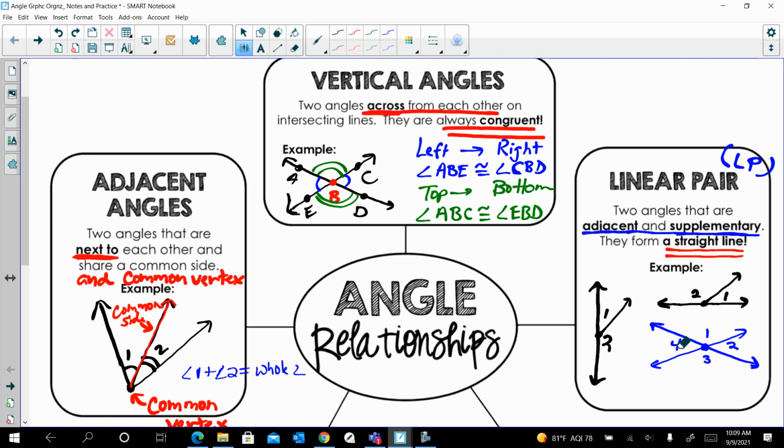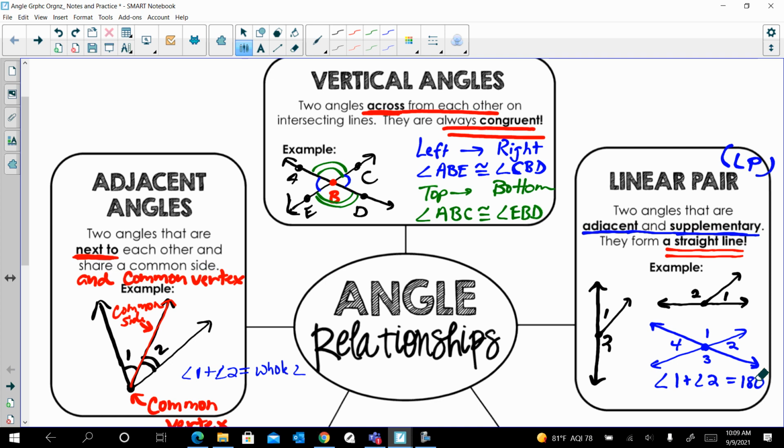All right, there's more than one answer on here, so we're going to list 3 possible ways to identify linear pairs. Which 2 angle numbers would make up a linear pair? 1 and 2. I could say 1 and 2, so I would write angle 1 plus angle 2 equals 180. That is correct.